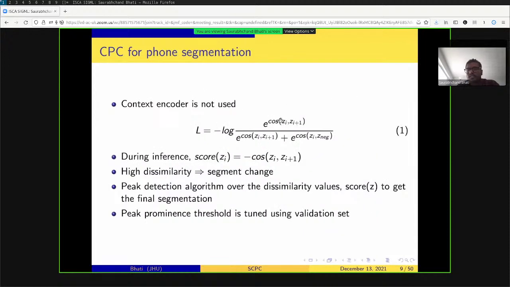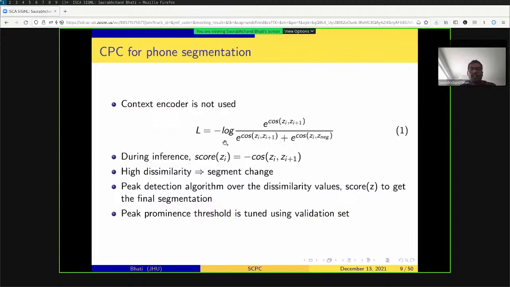So you are essentially trying to predict the next frame from the previous frame, and you try to do so from a bag of negative examples. But now you don't have a context encoder, so you're trying to constrain the nearby frames to be as similar as possible. And the idea is, if you take two frames from one phone, they will be similar, and then you're trying to force them to be similar.